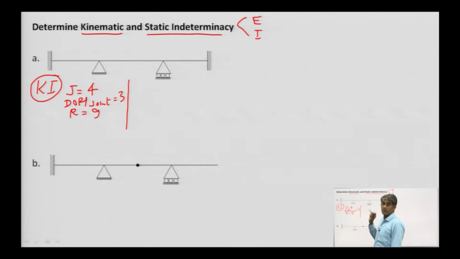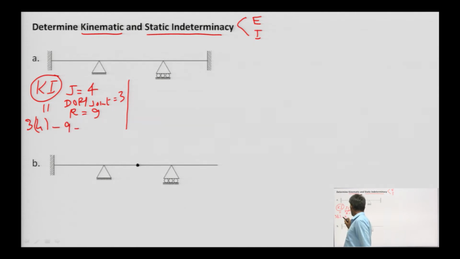There is no internal hinge or force release member. We are also not considering axial deformation. Therefore, kinematic indeterminacy is equal to 3 times 4 minus 9 minus 0, so 12 minus 9 is 3.